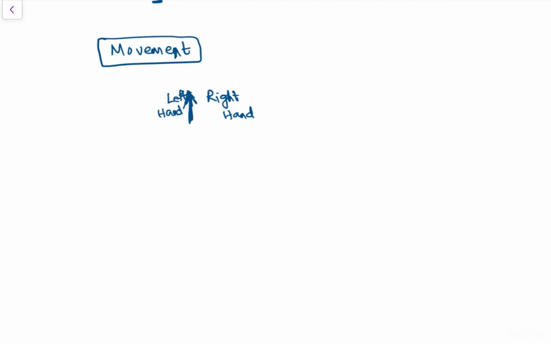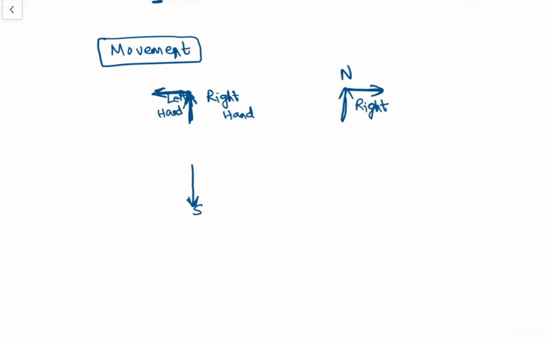If the question says the person turned left, that means you turn towards your left hand, and your direction will be like this. If you are facing north and the question says you move towards right, then it would be the right hand side.